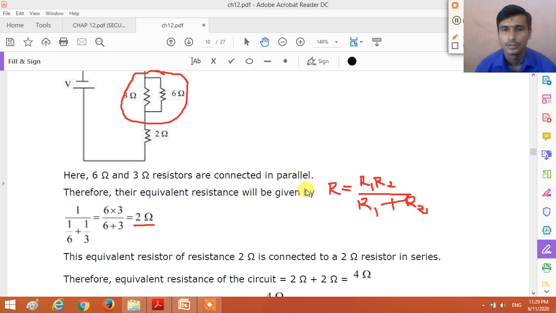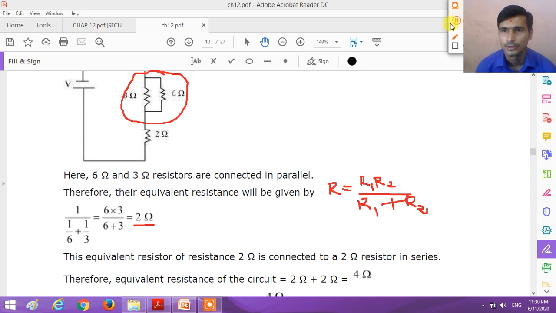So we can calculate the equivalent resistance when two resistors R1 and R2 are connected in parallel by this formula: R is equal to R1 R2, the multiplication of these two resistances, divided by the addition of these two resistances. We get 6 into 3 divided by 6 plus 3, we get 2 ohm, right?